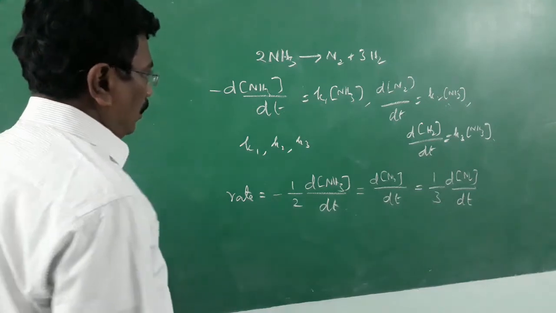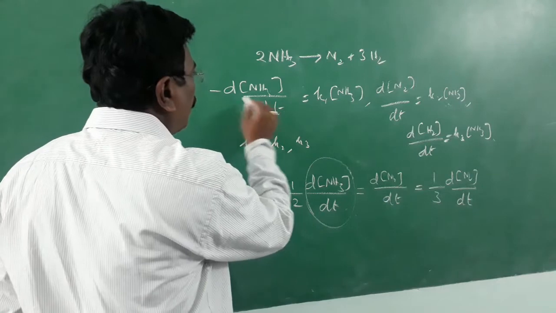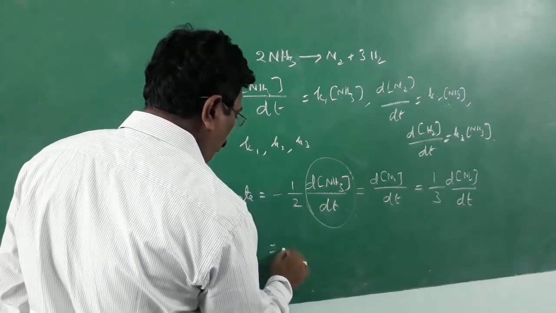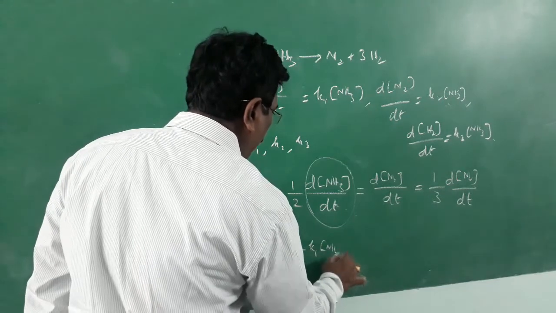Now minus d of NH3 by dt, this value alone is equal to K1 into NH3. This I am replacing.